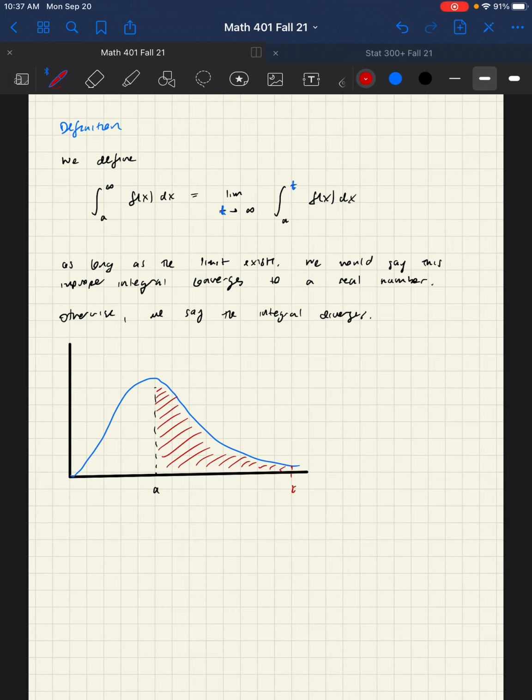And that's going to be my upper bound. Okay. Then what I'm shading here in red is this quantity here, the definite integral from a to t. Now, what we're saying here is that we're taking the limit of the tail. So this improper integral of f of x dx from a to infinity is the limit of the tail as t extends out to infinity.